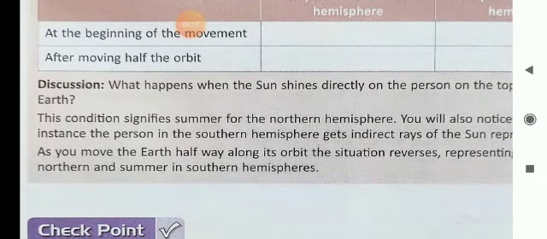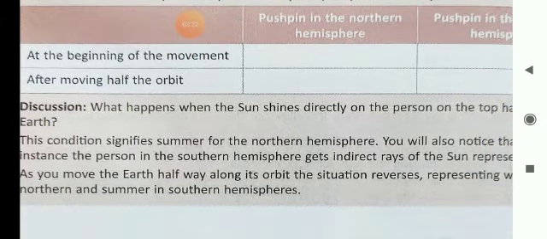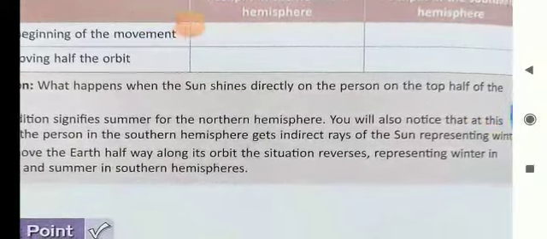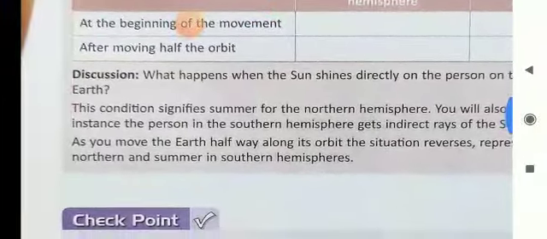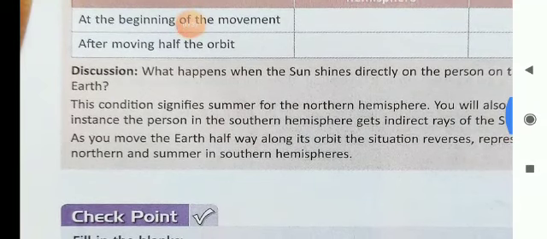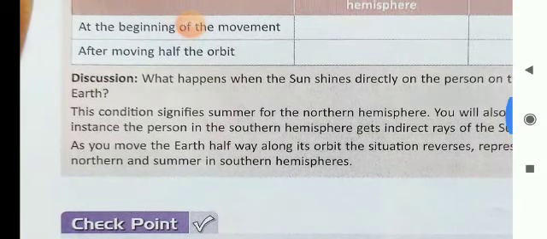And as you move the earth halfway along its orbit, the situation gets reversed. It represents winter in the northern hemisphere and summer in the southern hemisphere.